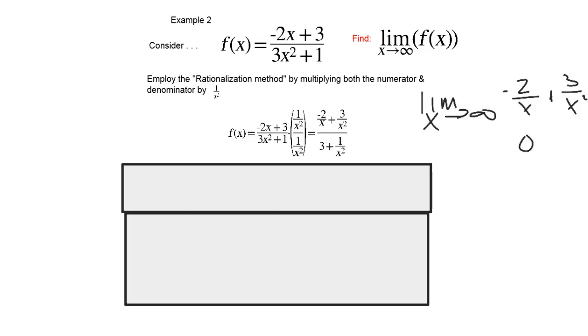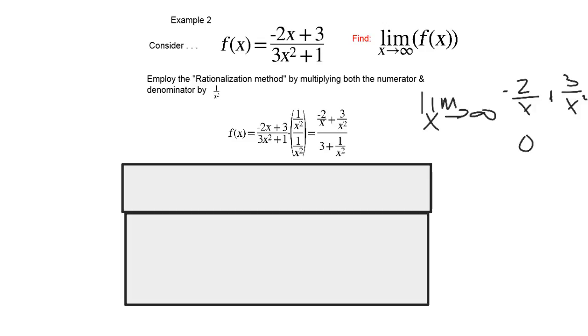Now, the main difference between a positive number and a negative number being divided by infinity: they both approach 0, but a positive number divided by a variable approaching infinity approaches 0 from the positive side, whereas a negative number being divided by a number approaching infinity approaches 0 from the negative side.